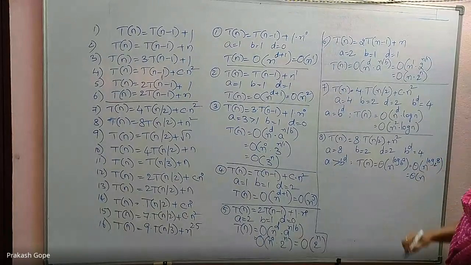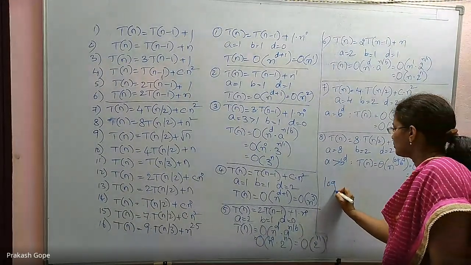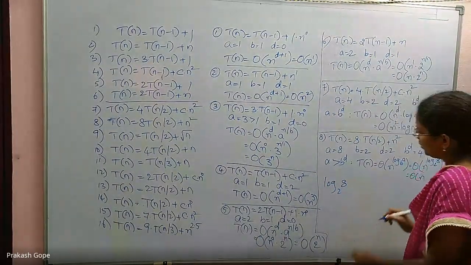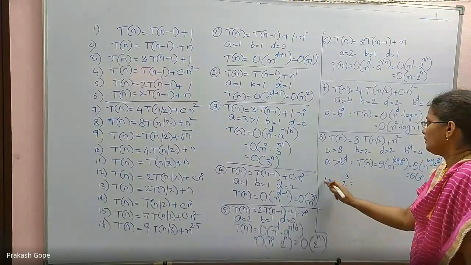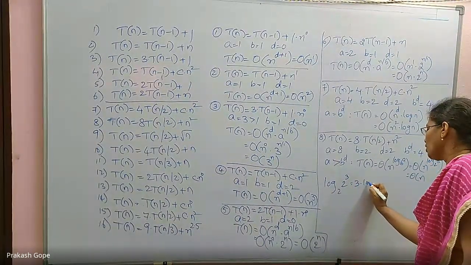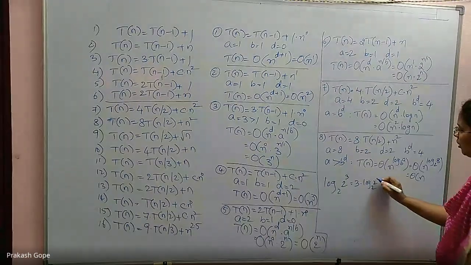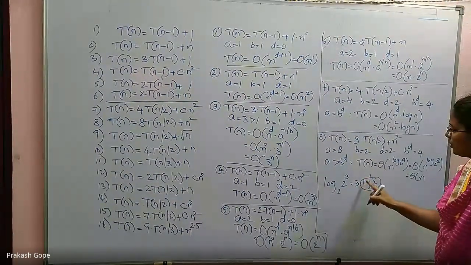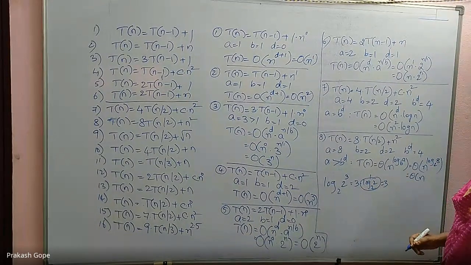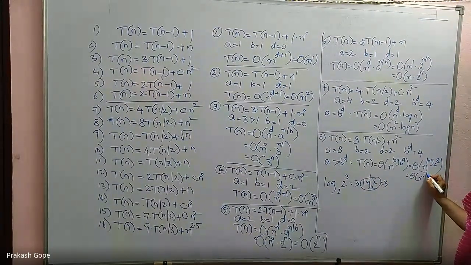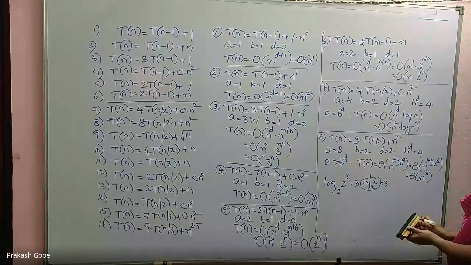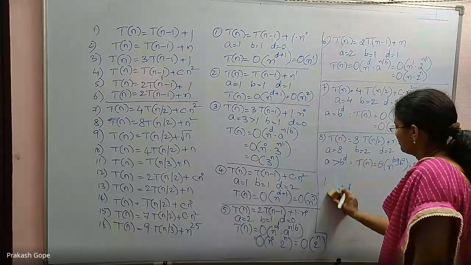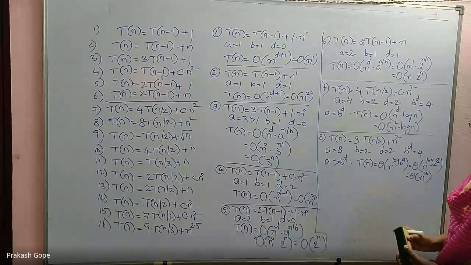What is log 8 to the base 2? 8 can be written as 2 cube. So that 3 will come forward: 3 into log 2 to the base 2. And log 2 to the base 2 value is 1. So 3 into 1 is 3. Correct? So log 8 to the base 2 is 3. So it becomes theta of n cube.